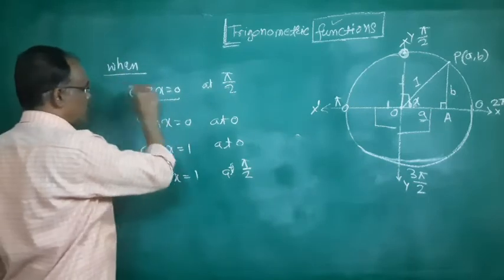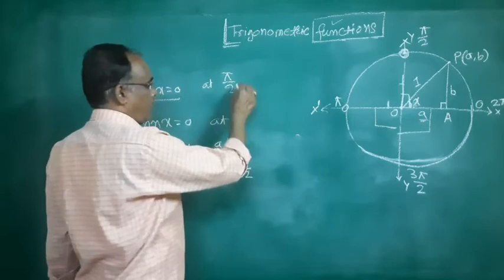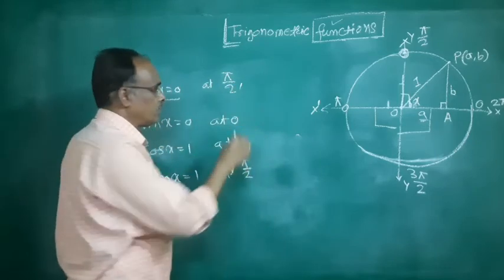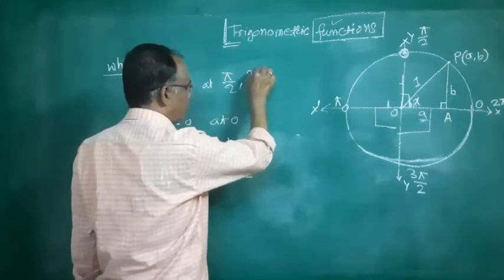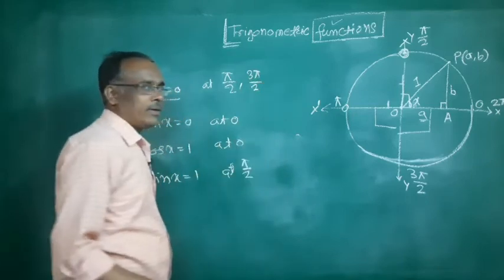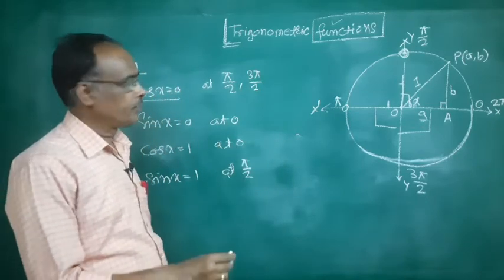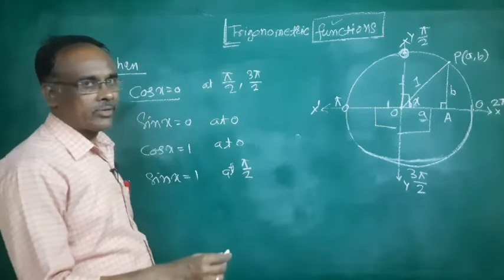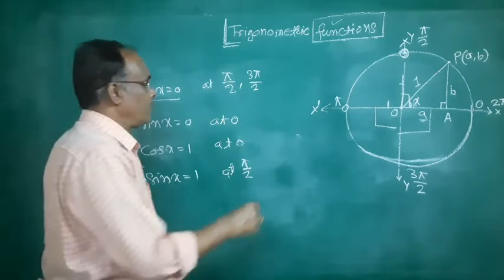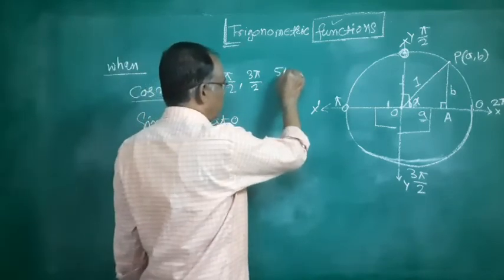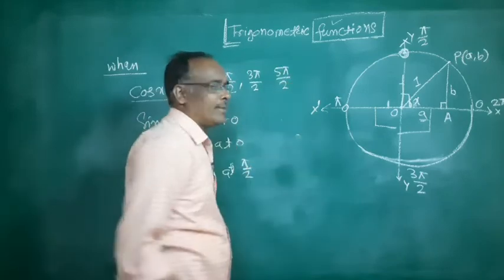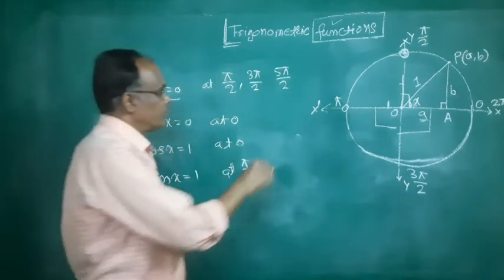When cos x equals 0: pi by 2, next 3 pi by 2, next 5 pi by 2, then 7 pi by 2.